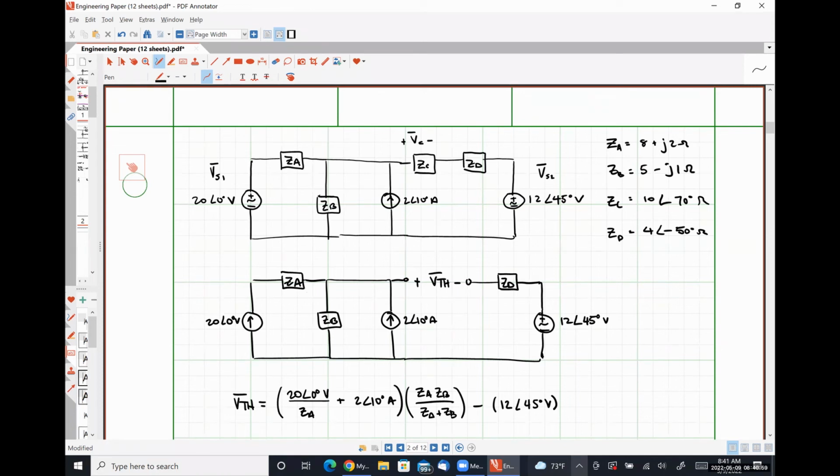Question is, what if we did the source transformation on the practical current source as opposed to the practical voltage source, right? Well, what's going to happen is that we're going to wind up with a voltage source that is 2 angle 10 degrees amps times ZB in series with ZB, which actually just makes this look more gross.